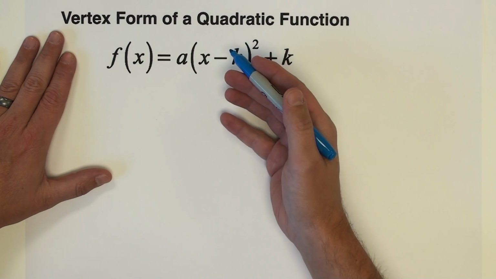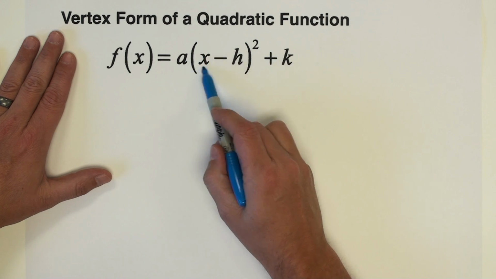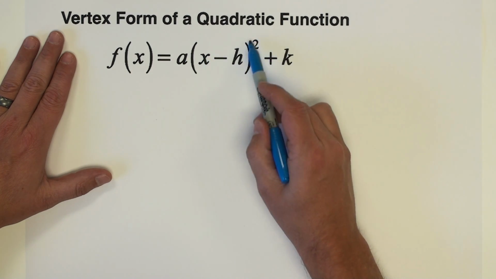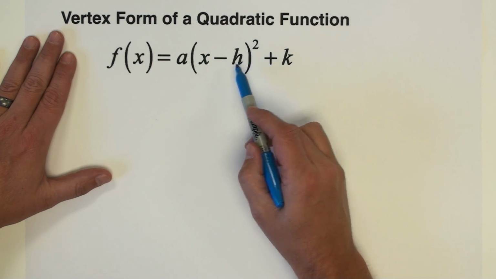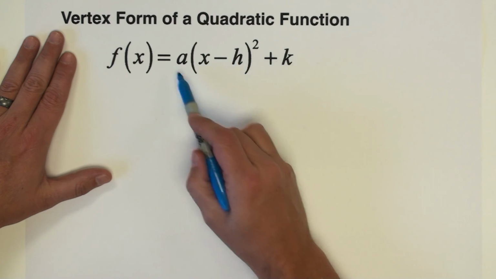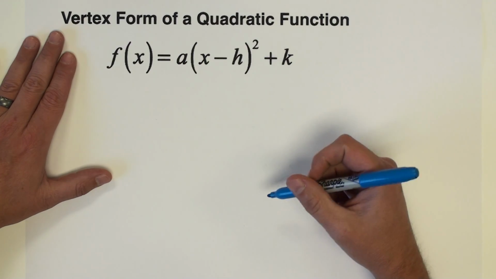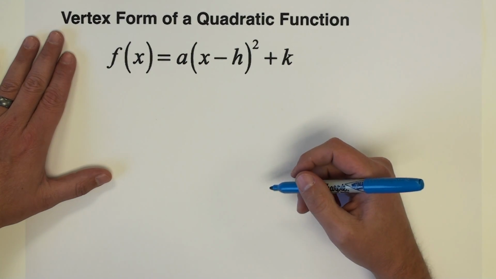Let's explain that with the vertex here. So we've got this function. It is an x squared function, so it is a quadratic function. We just see that we've got these extra numbers added and subtracted. We've got this number we're multiplying by. So we've got some constants there that are going to enact some change on the quadratic function.